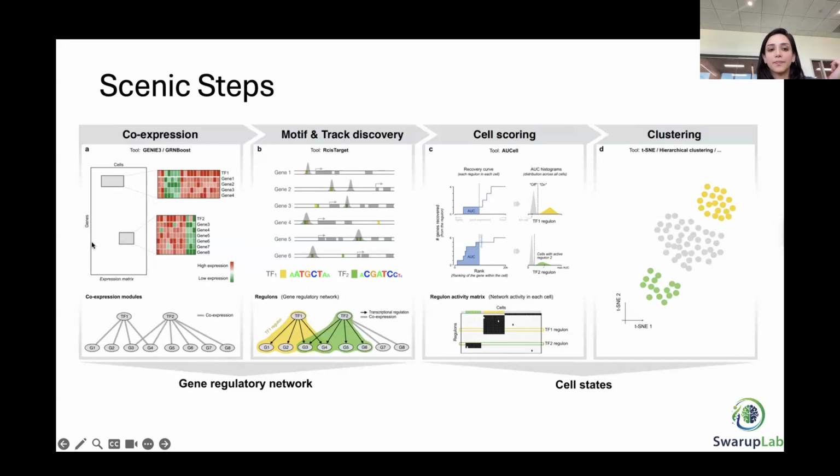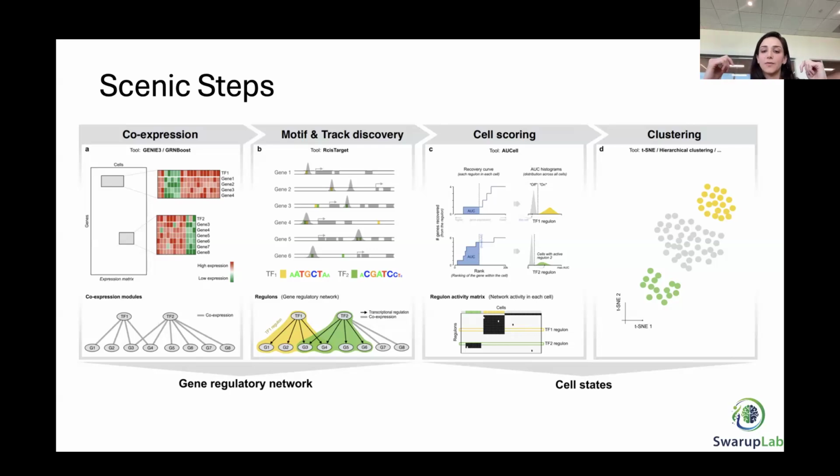And the third step, which is the cell scoring, happens once we have formed our transcription factor target gene regulons. A regulon is a transcription factor and all of the genes that it is activating or is associated with.